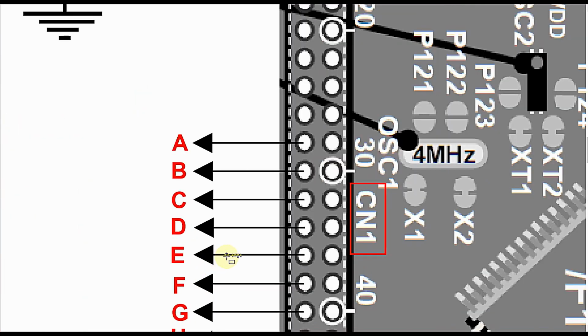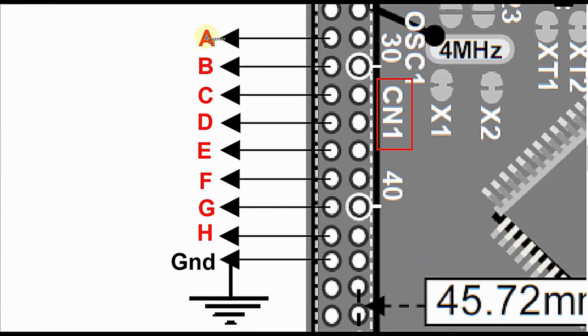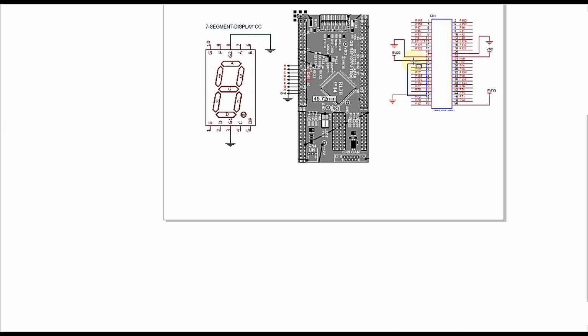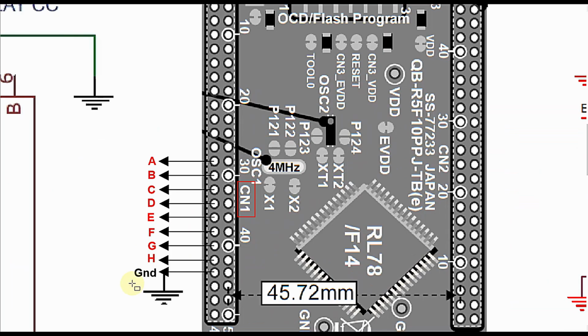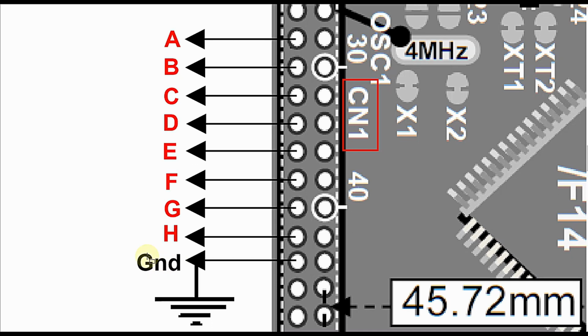So as I said, I am just going to utilize these pins in an order from pin number 27, 29, 31, 33, 35, 37, 39, 41 for connecting A, B, C, D, E, F, G, H of the 7 segment display, and finally I am just going to connect ground of the 7 segment display to the ground of this connector, which is in the connector terminal number 43.